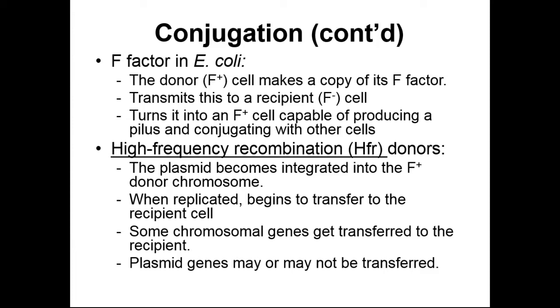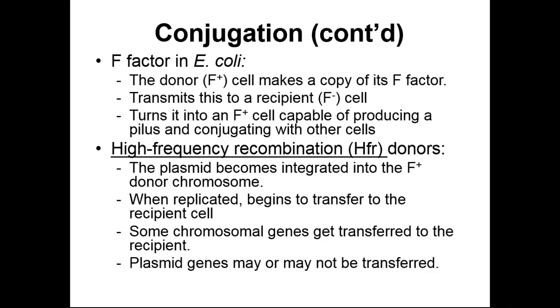Sometimes we'll see HFR, or high-frequency recombination donors. These occur when the plasmid becomes integrated into the F-positive donor chromosome. So that plasmid for the F-positive factor is going to be integrated into that donor's chromosome, so that every daughter cell from that donor cell is going to be able to make its sex pilus.